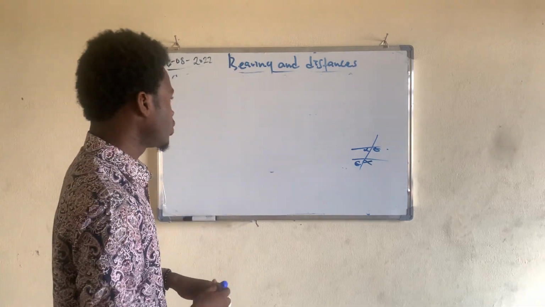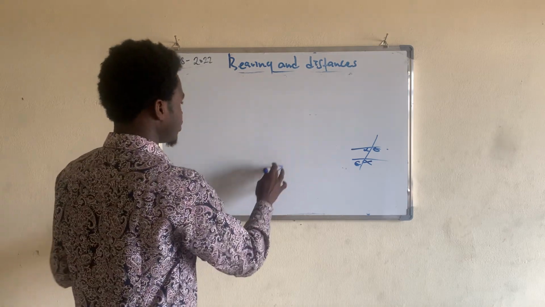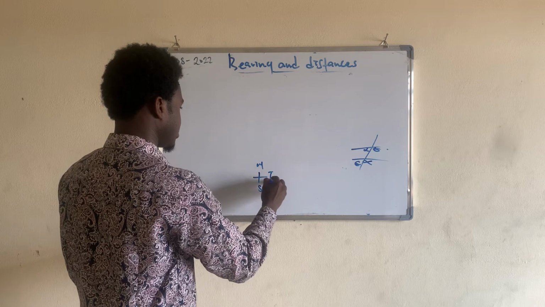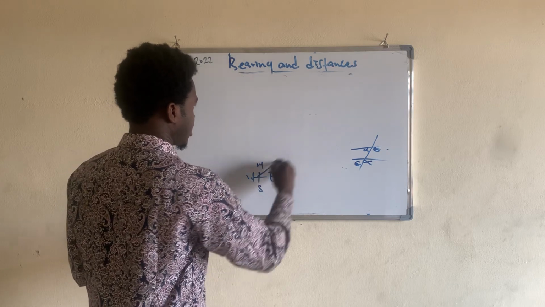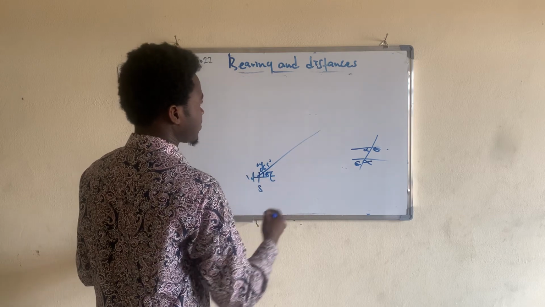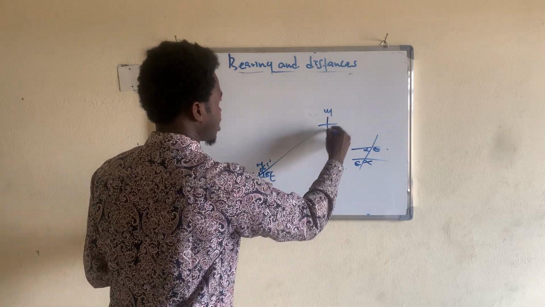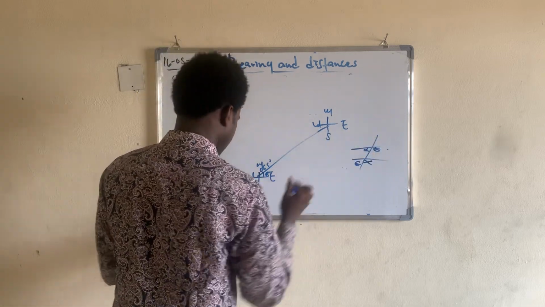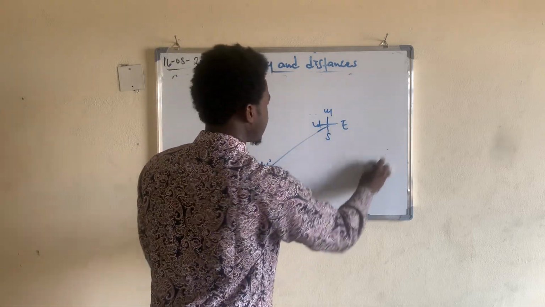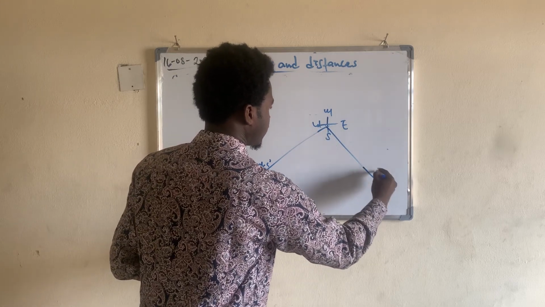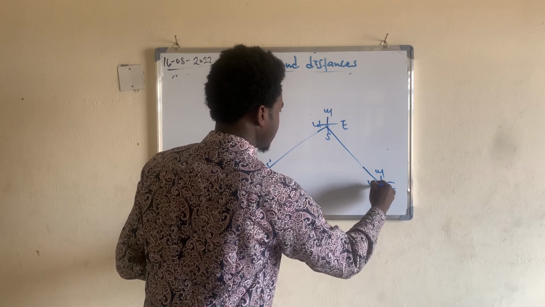So in the triangle, you will notice, at this point, you have 065 degrees. Here was theta, north, south, east, west. So we add another line this way. So we have north, south, east, west.